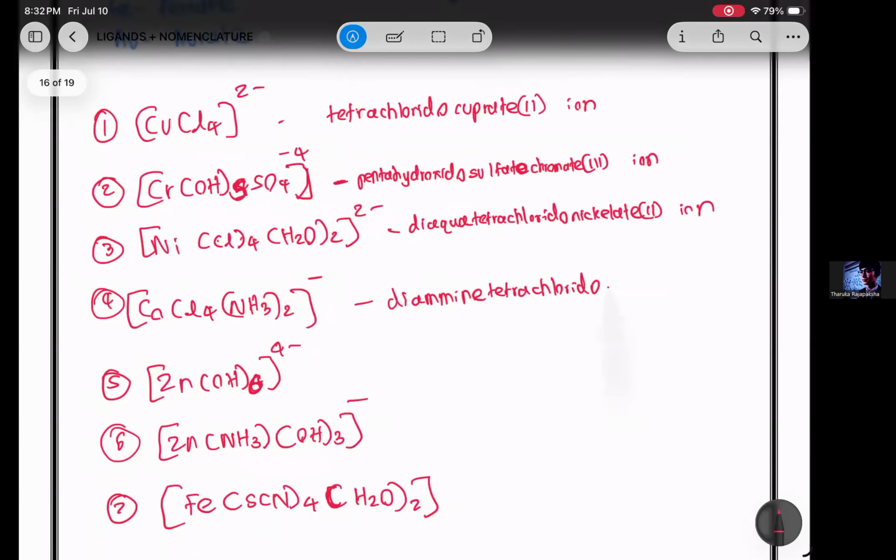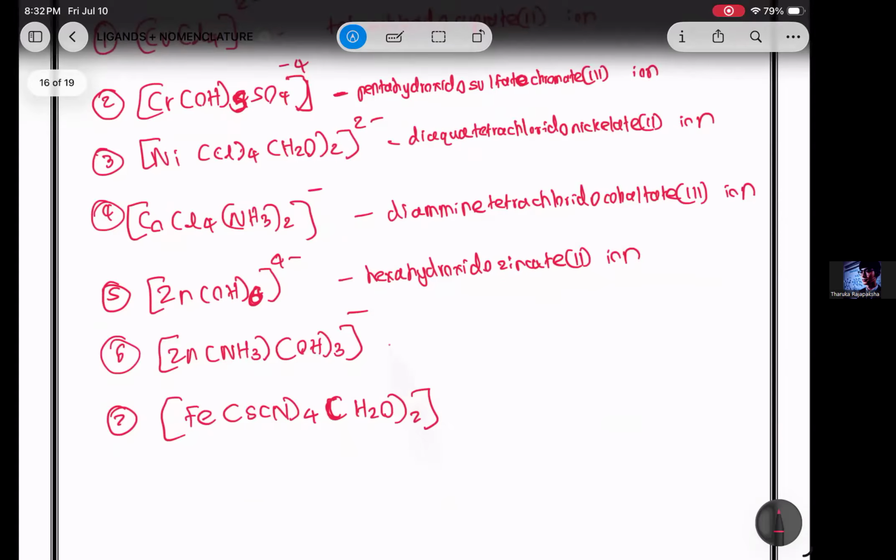Tetrachlorido cobaltate 3 ion. Then this is hexahydroxido zincate 2 ion.